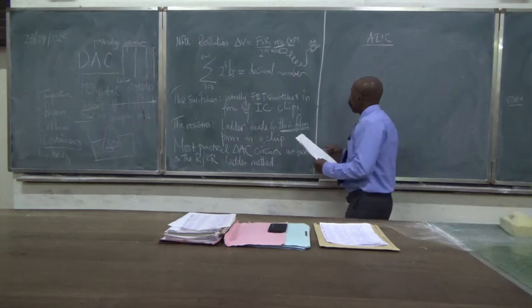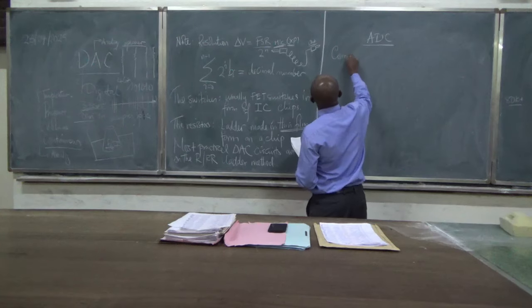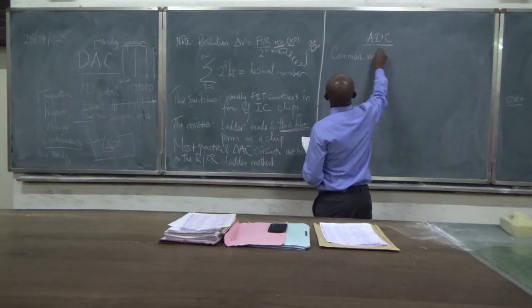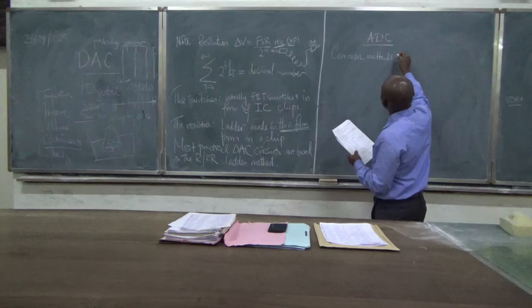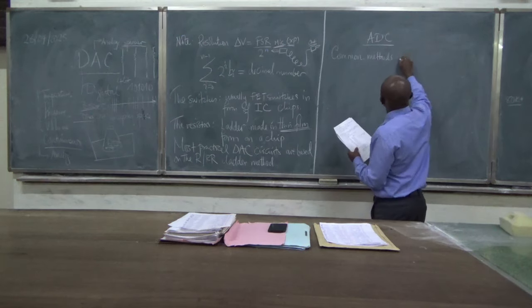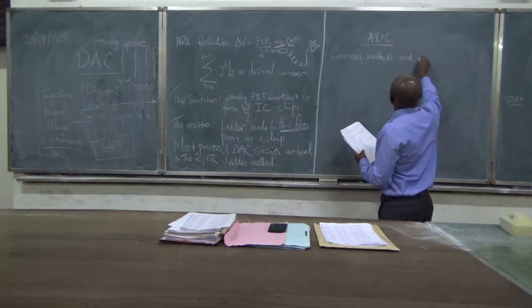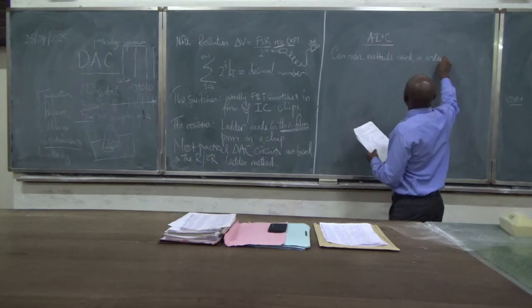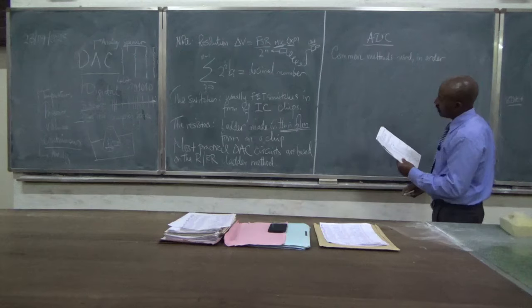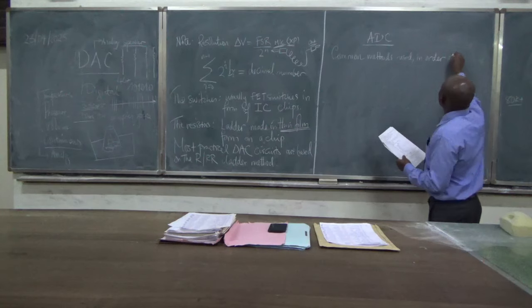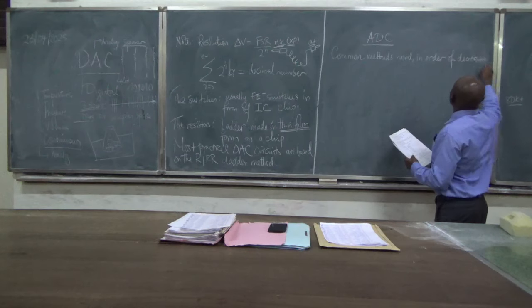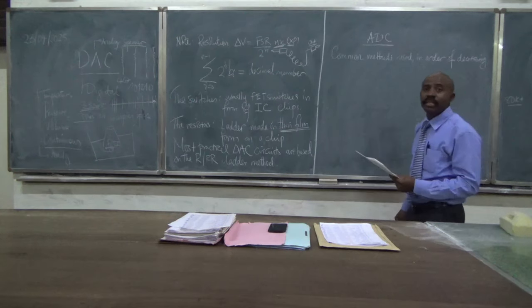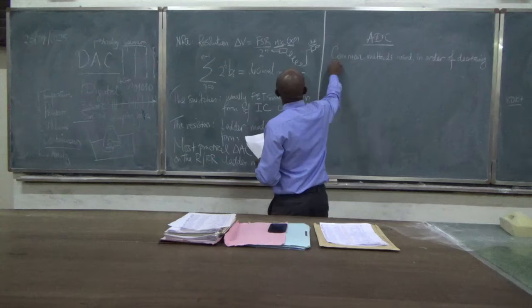So common methods used, in order of decreasing speed. So what does that mean? The first one will be more speedy or less? More.